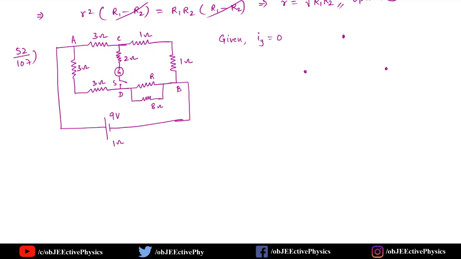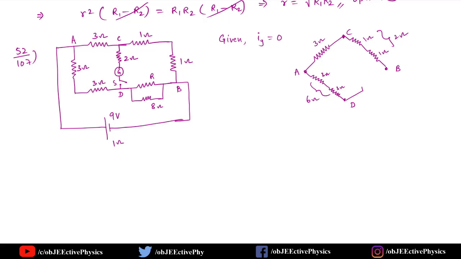For convenience, let us draw the given circuit between A and C, 3 ohms. So this is A, this is B, and C, D. Between C and B, 2 one-ohm resistors are there in series, so together it is 2 ohms. Between A and D, 2 three-ohm resistors, so together it is 6 ohms.